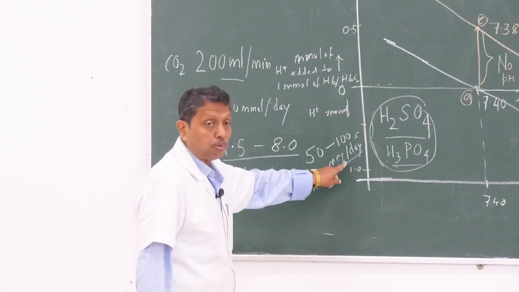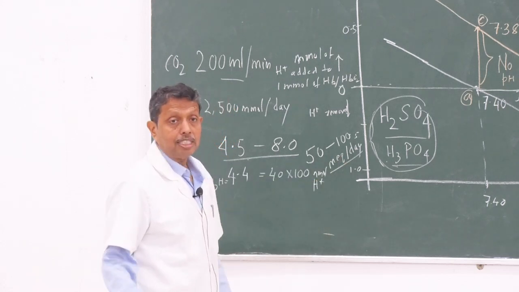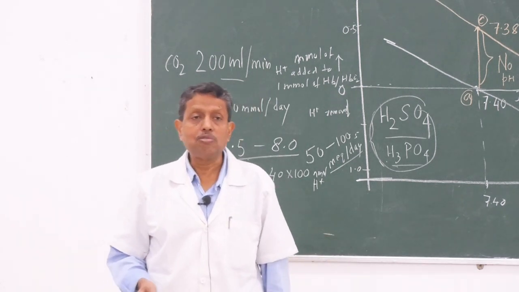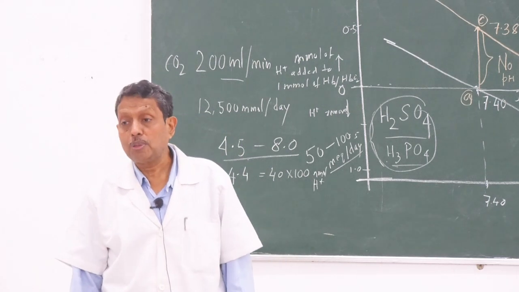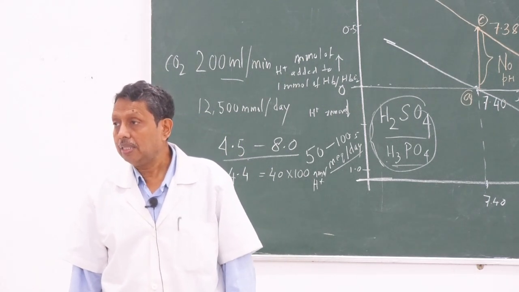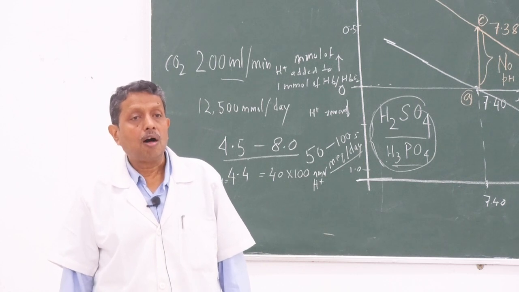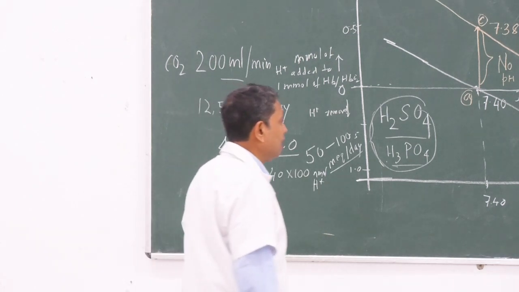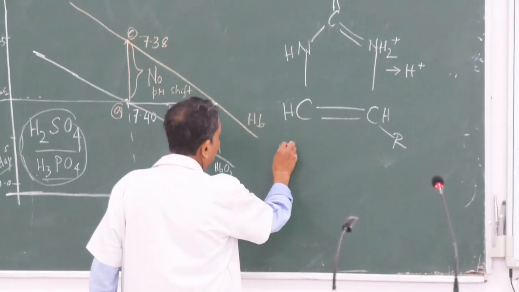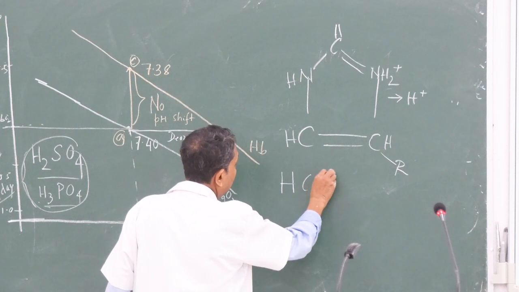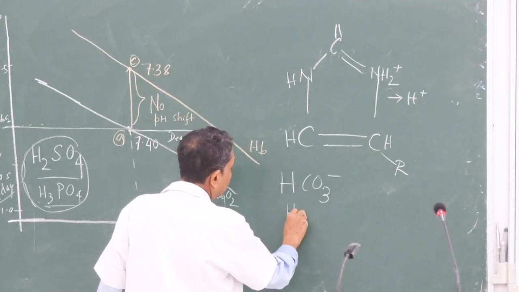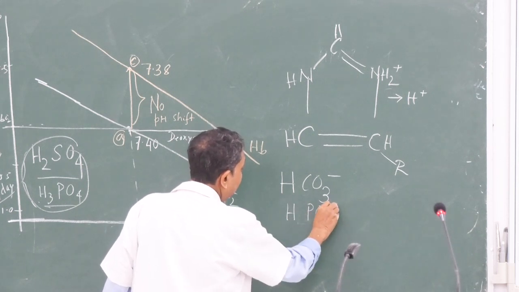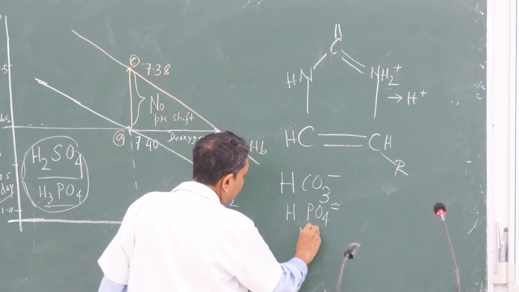This falls far short of the requirement of acid that is produced in the body. So what is the method utilized by nature? There are buffers present, urinary buffers. They take care of this relatively huge amount of acid that is produced. These are the bicarbonate buffer, the phosphate buffer, HPO4 2 minus, and the NH3/NH4 buffer.